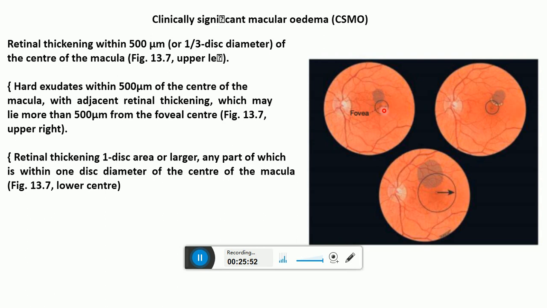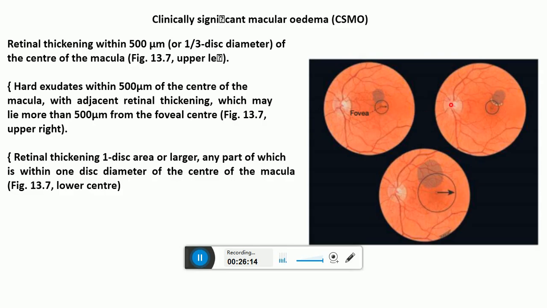So the first one was retinal thickening within 500 micrometer of the center of the macula, and here it is the hard exudates within 500 micrometer of the center of the macula, with adjacent retinal thickening which may lie more than 500 micrometer from the foveal center.